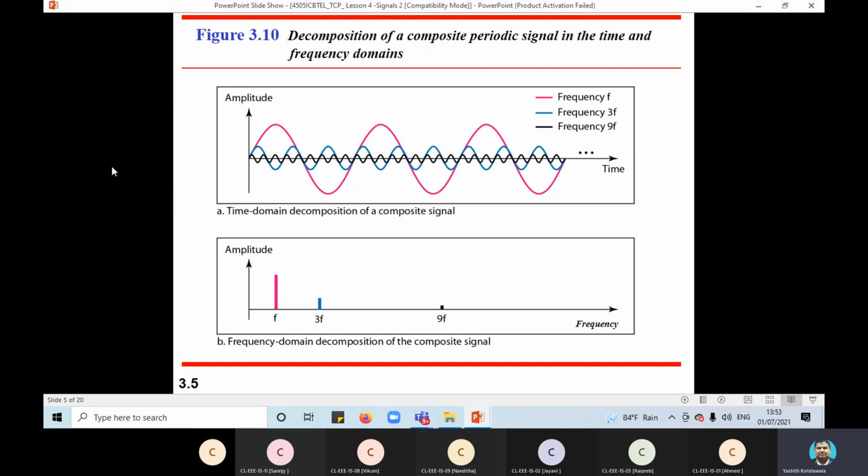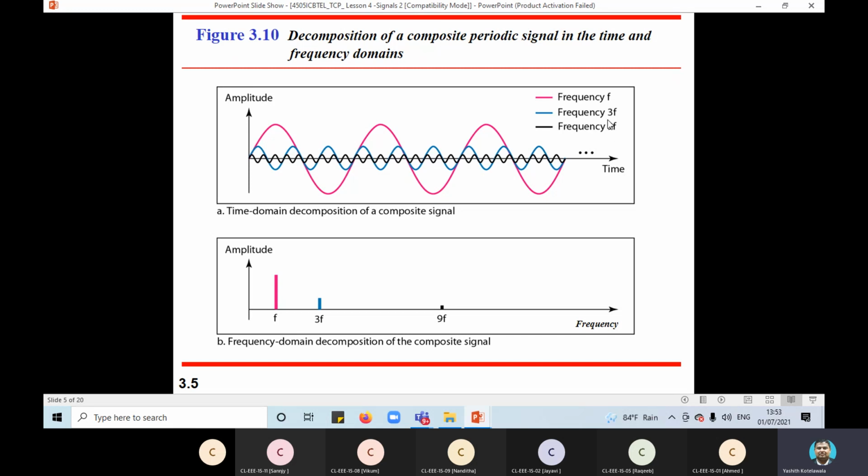So all these three waves are in phase, with no phase difference. The only difference is that the peak amplitude keeps reducing as the frequency gets higher, and frequency is increasing from one specific value to the upper value.